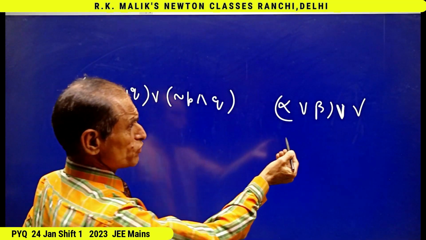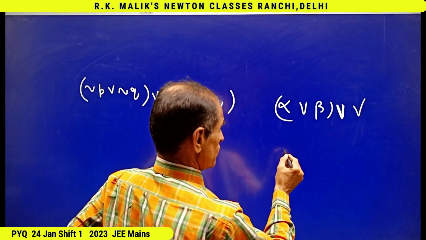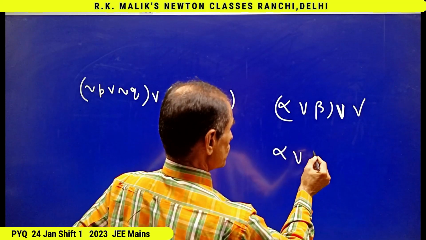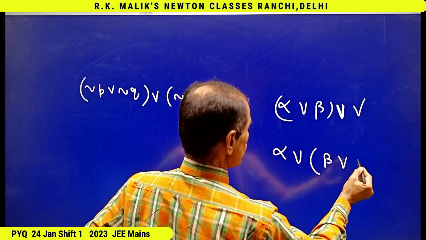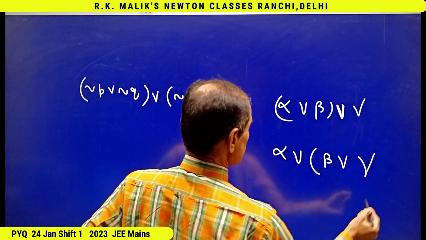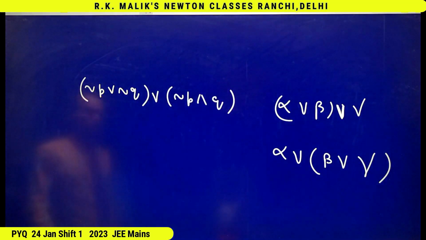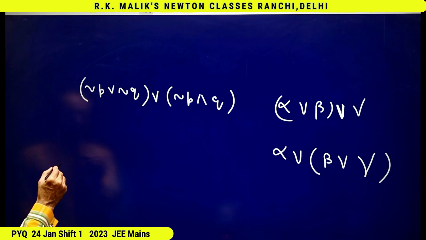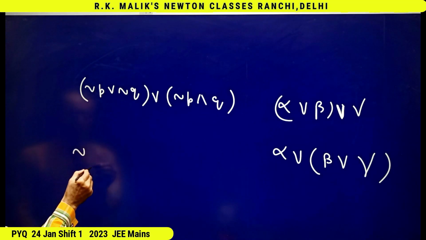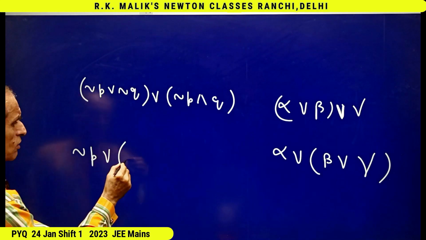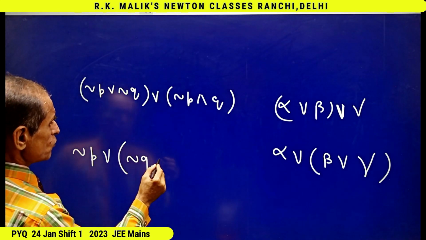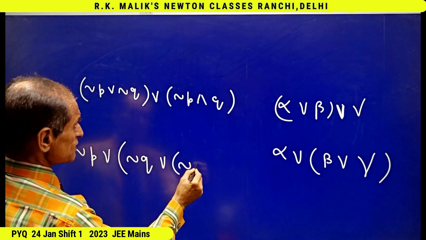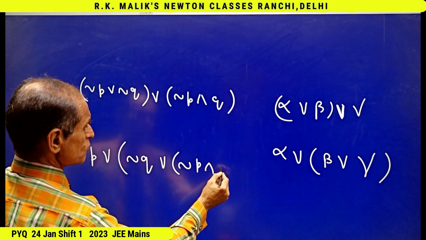And here we use the associative law, that is alpha or beta or gamma. That is, by using this rule, I get negation P or negation Q or negation P and Q.